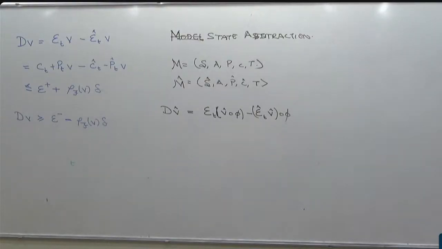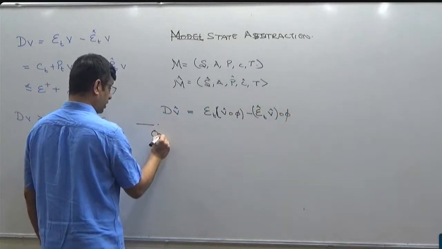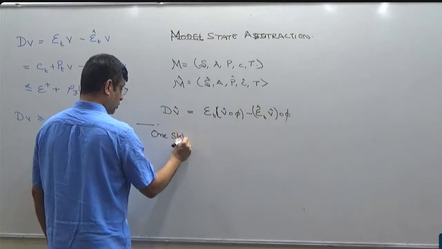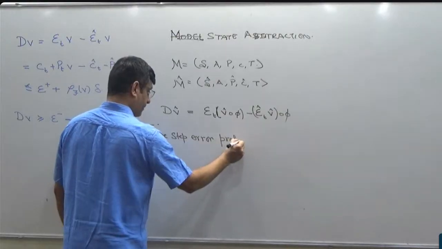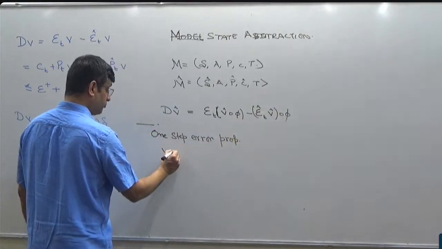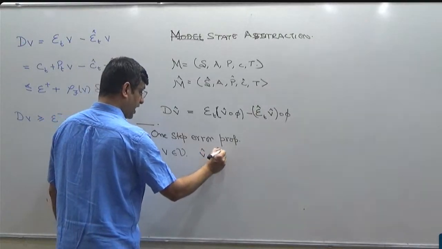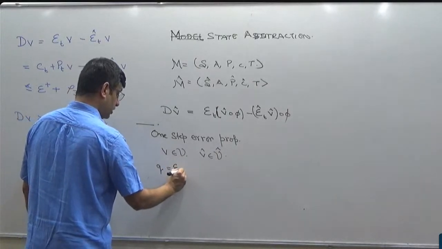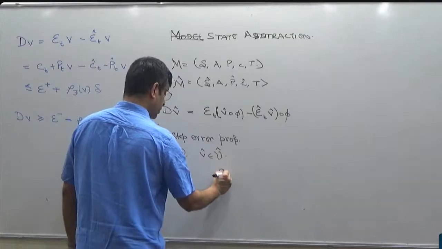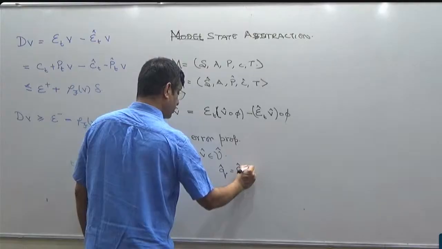Okay. So what ends up happening when I do the one-step error propagation? Now I am taking some value function V hat in the hat value function space. I am defining Q to be equal to the environment operator applied on this, and Q hat to be the environment operator of the hat model applied to V hat.